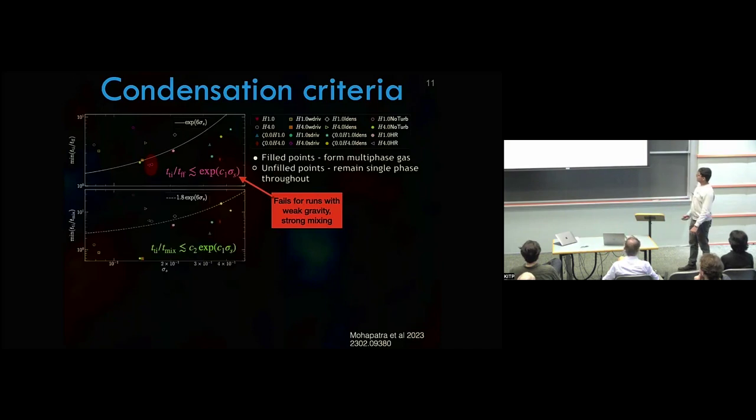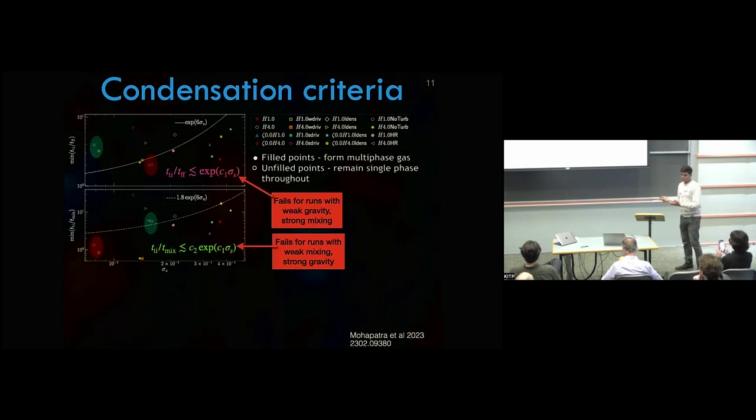Whereas if we take TTI by T mix, so the only thing I've changed is T mix in the denominator here, we see that these two simulations are now above this new condensation criterion. It's just slightly rescaled. It's an empirical fit. Okay, but now we see these two simulations which had very weak mixing but strong gravity are now below the condensation curve, and I also don't want that.